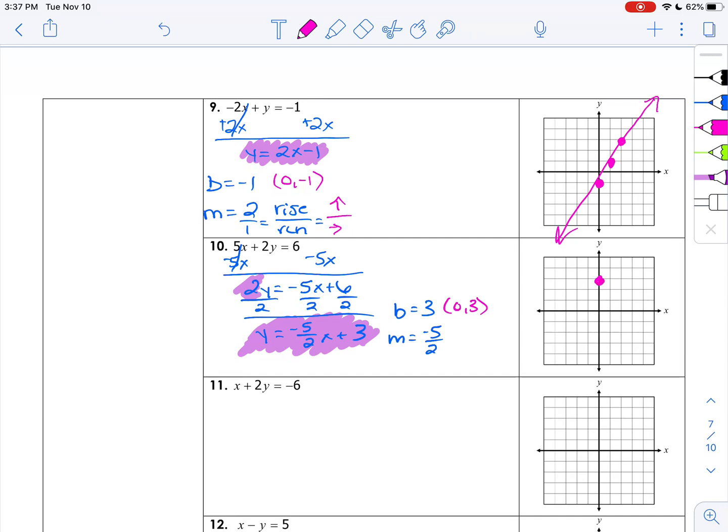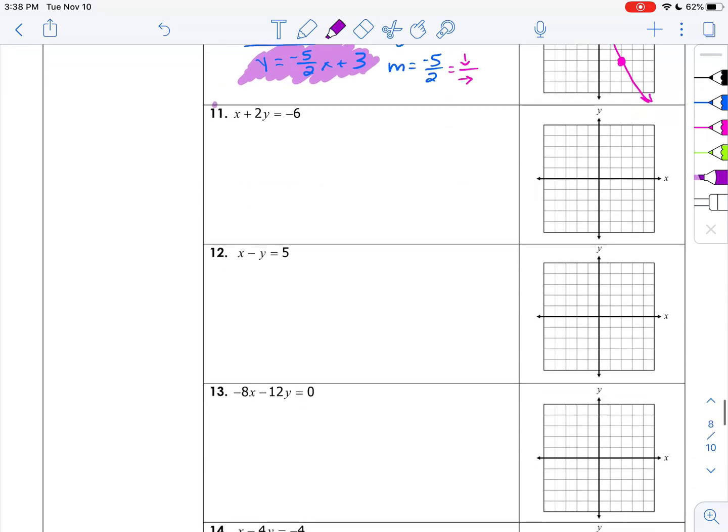And with a slope of negative 5 over 2, that means I'm going to go down 5 and to the right 2. So from my existing point, down 5 and to the right 2. And because of my graph, I'll only be able to graph 2 of those points, but I can connect those two to create the equation of my line.